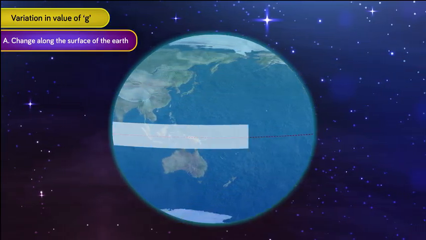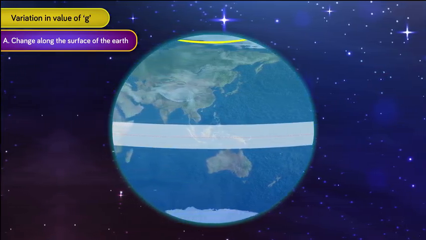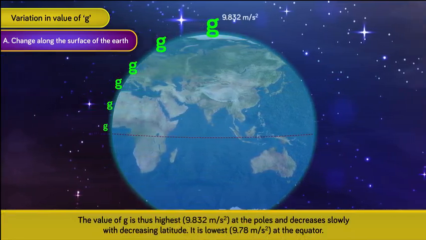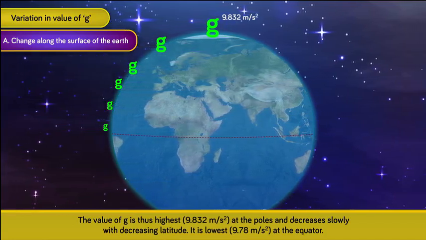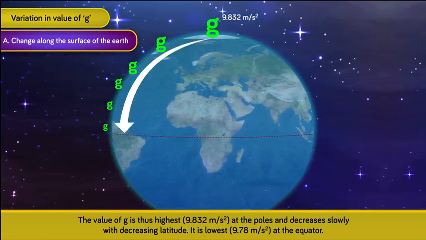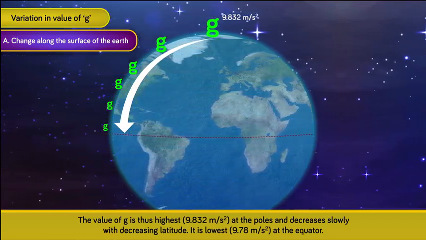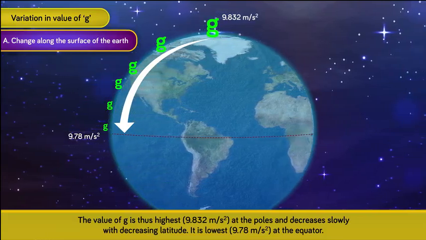Its radius is largest at the equator and smallest at the poles. The value of g is thus highest, that is 9.832 meter per second square at the poles, and decreases slowly with decreasing latitude. It is lowest, that is 9.78 meter per second square at the equator.